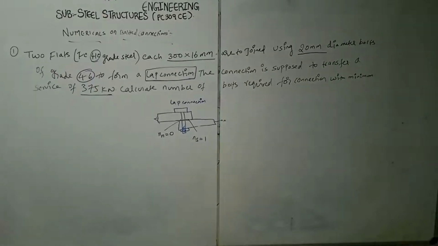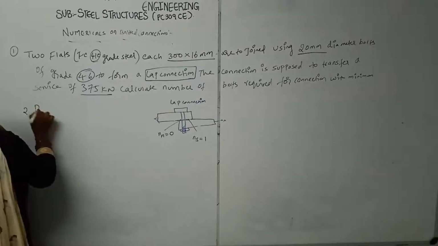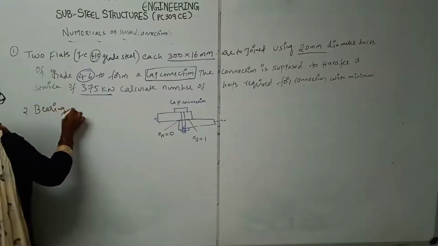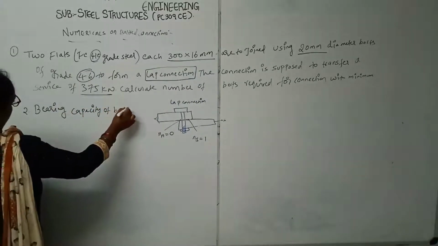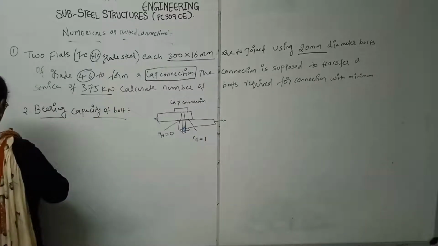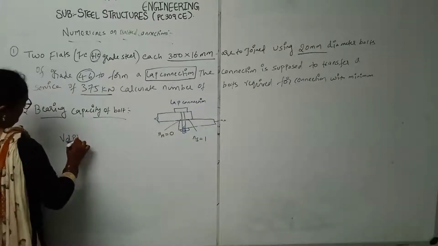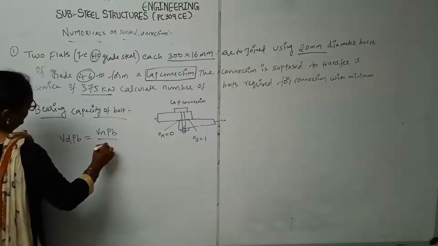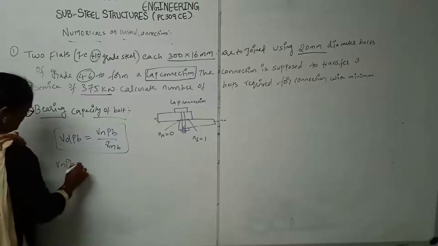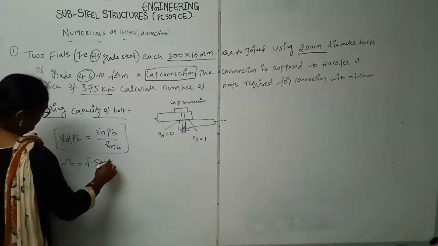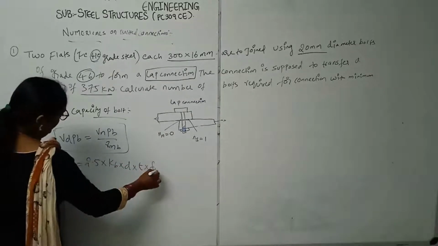Next we will calculate the bearing capacity of the bolt. So right here VDPB equal to VNPB by gamma MB, where VNPB is nothing but 2.5 into KB into D into T into your FU.